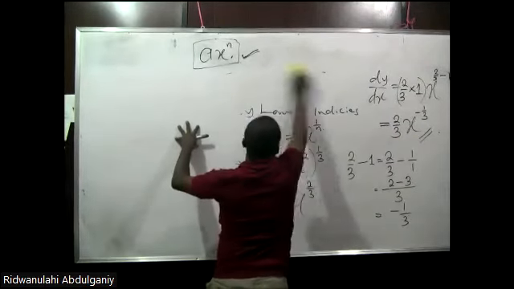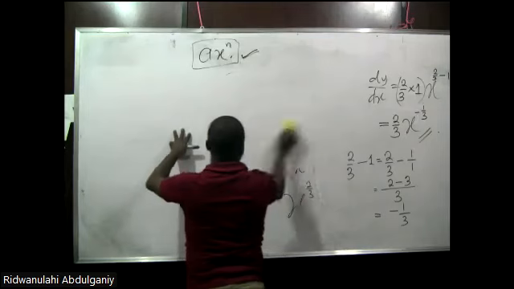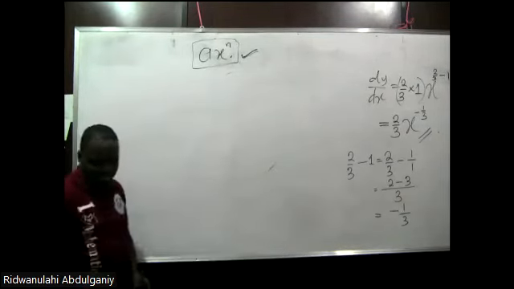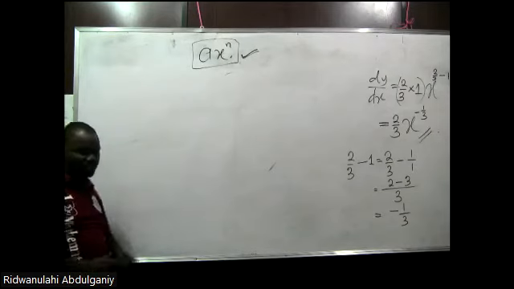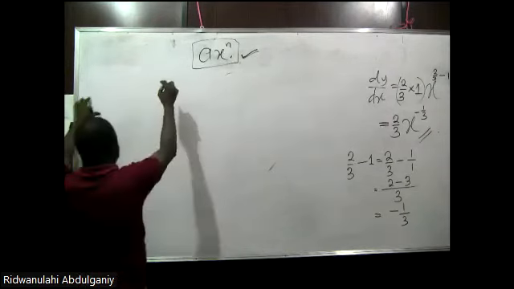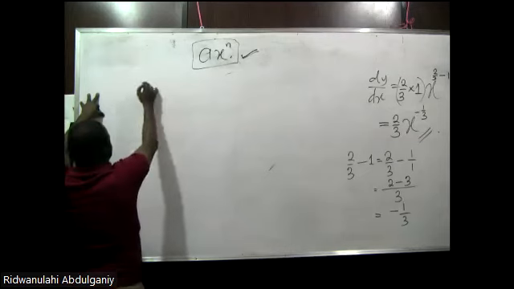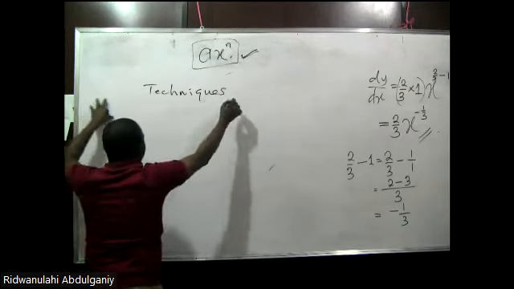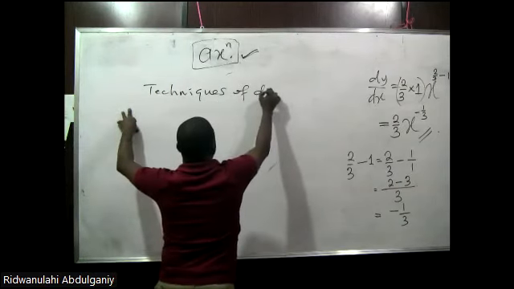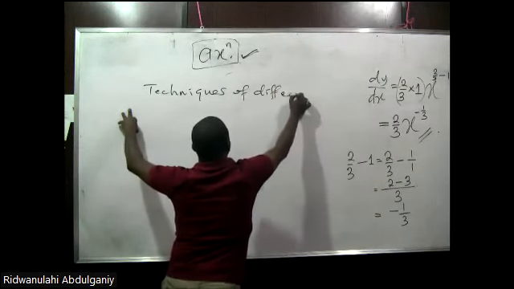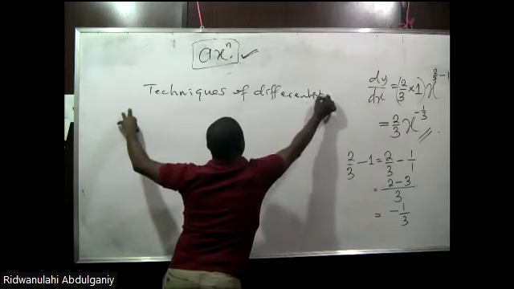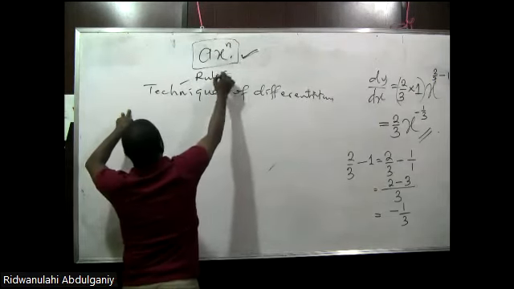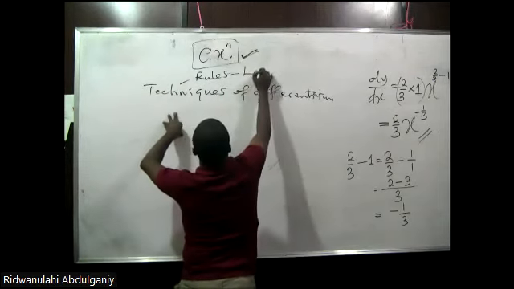Now we go to techniques of differentiation. The first technique, we did that in our last class, only that I didn't call it that name. So now I will call it the name: techniques of differentiation. Some textbooks call these rules, some call it laws.